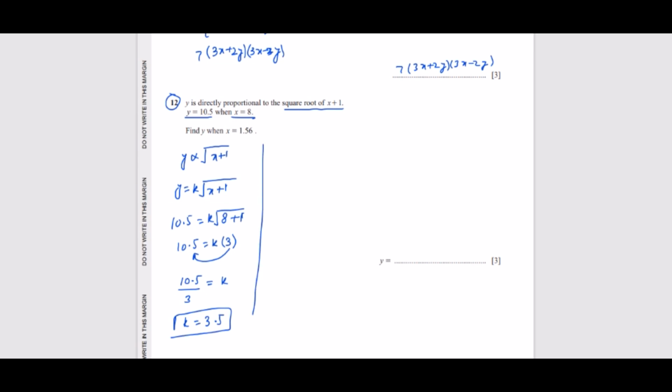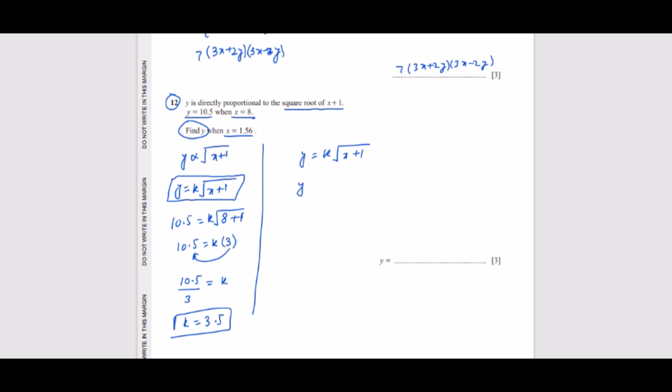Now find the value of y when x is 1.56. So this is the final equation. Use this equation again: y is equal to k square root x plus 1.